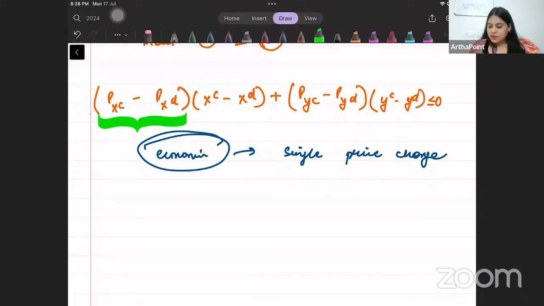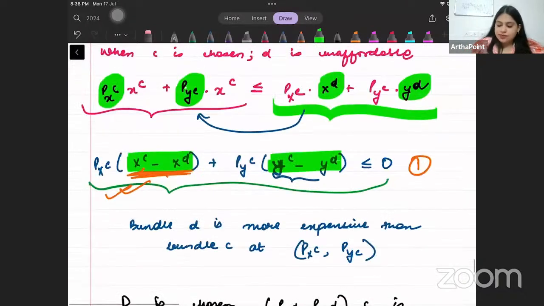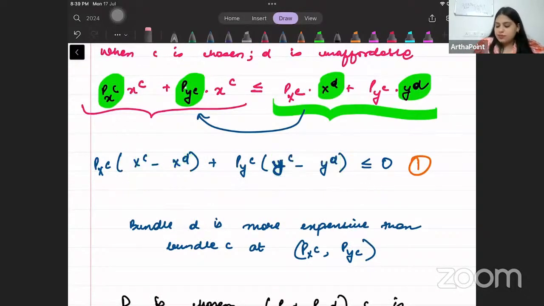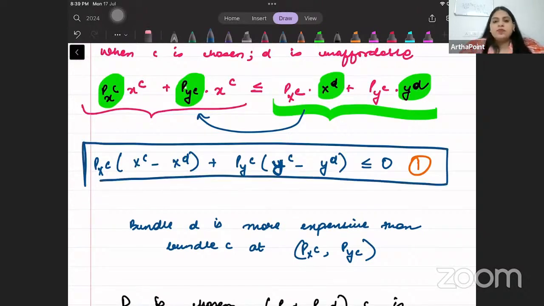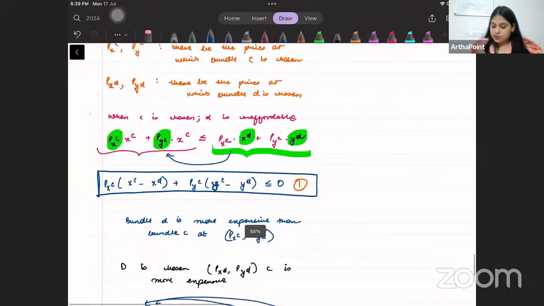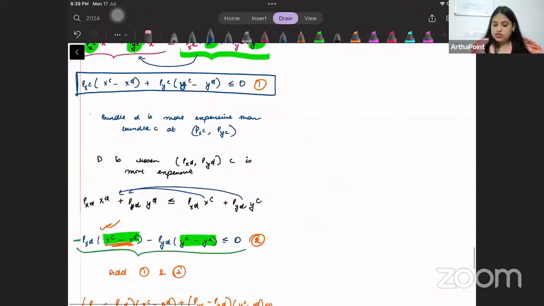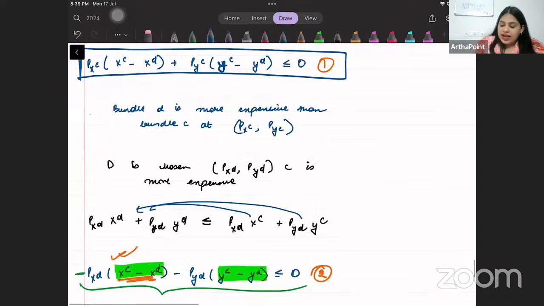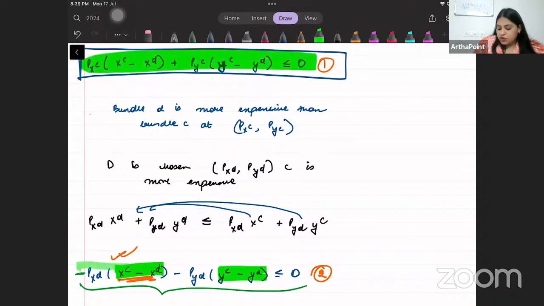Yes. This is equation 1. This one. Note this, beta. I am adding equation 1 to equation 2. This is equation 2.